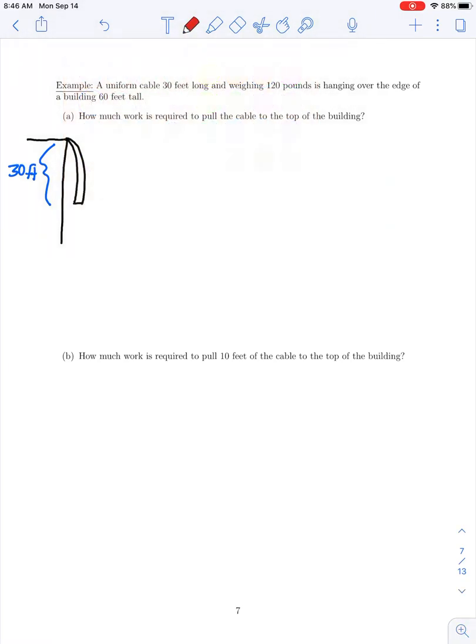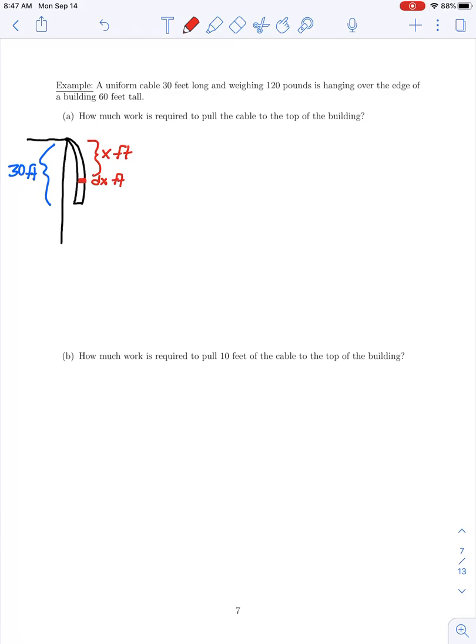And I'm going to be looking at some little section of cable that is x feet from the top of the building and has a small length of dx feet. So I'm going to determine the work required to lift that one segment of cable to the top and then integrate over the length of my cable to get this total work.